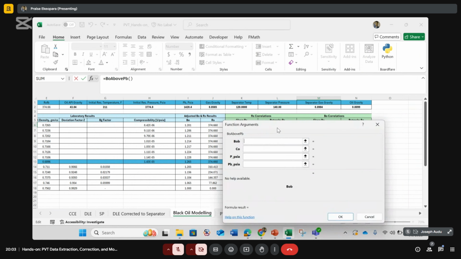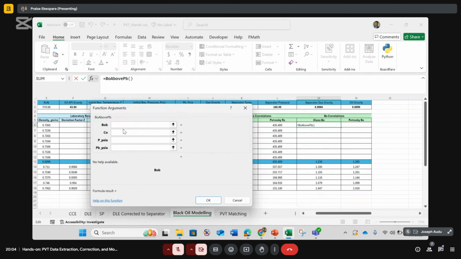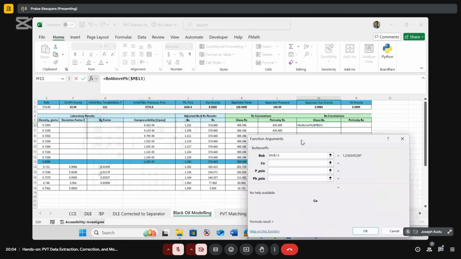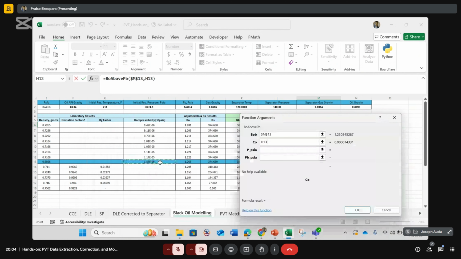But for this one, what we need to enter will be our BOB, which is our bubble point, saturation point, formation volume factor, and this I need to lock. Then our compressibility value, which is what we have here. Then our pressure, which is the reservoir pressure.